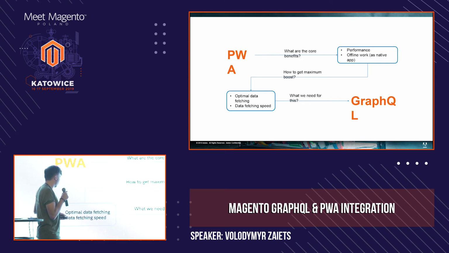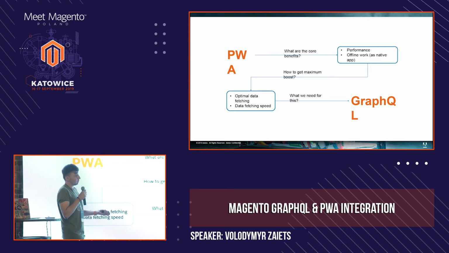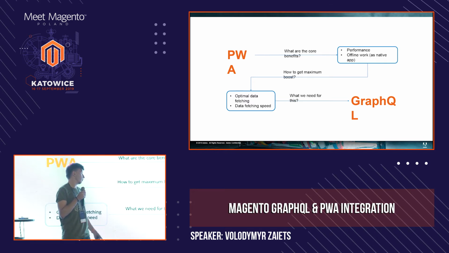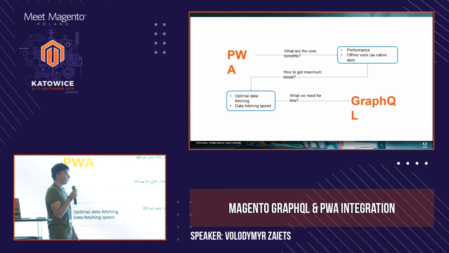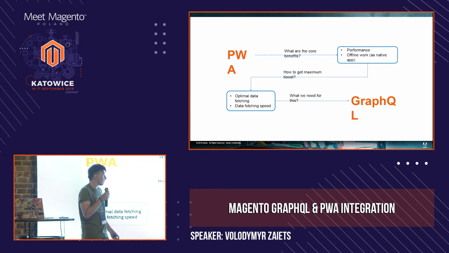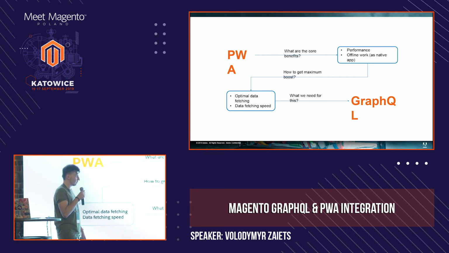So we need optimal data fetching and data fetching speed. In general, it's important for any application, but even more for a PWA application. Usually, when customers browse some website, they have a good connection, so the problem with redundant data loading is not so important in that case.